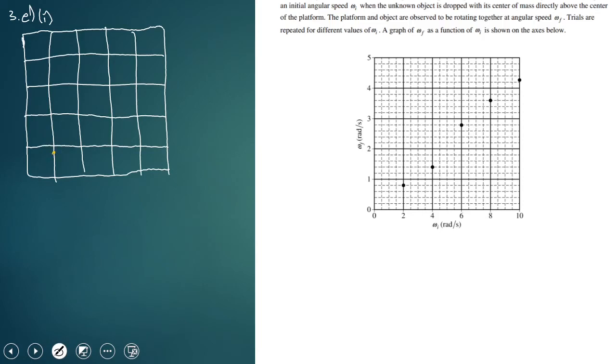We have the point 4, 1.4, 6, 2.8. I'll label the graphs as well, don't worry. 8, 3.6. And then 10, 4.3, I'd say. Okay, so it's not the best recreation, but it's still manageable.